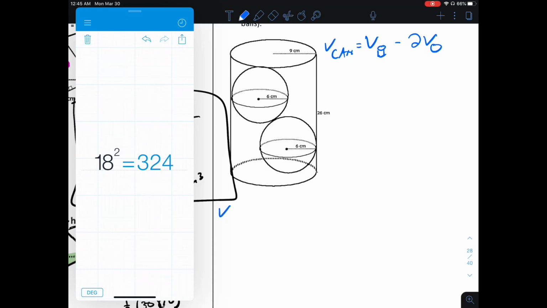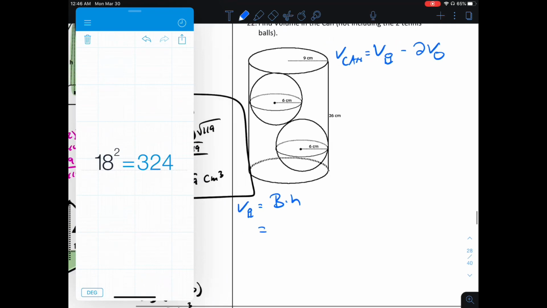To find the volume of a cylinder, it's the base times the height. The base is a circle whose area is pi r squared. The picture shows that the radius is 9.